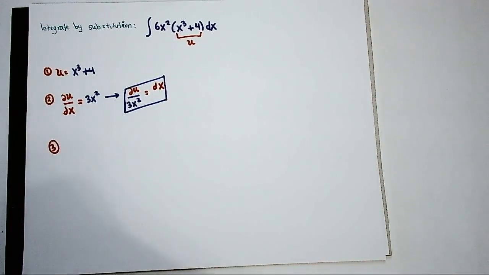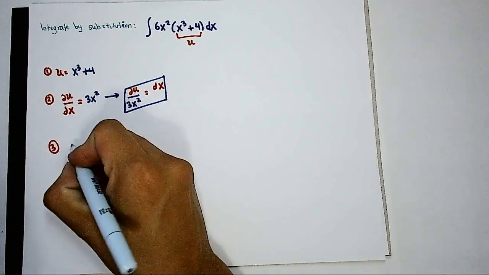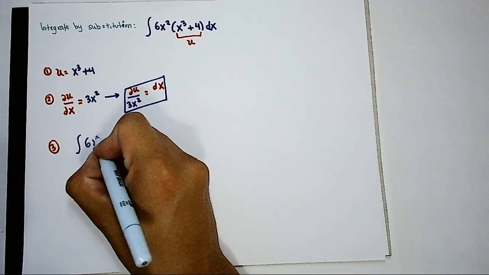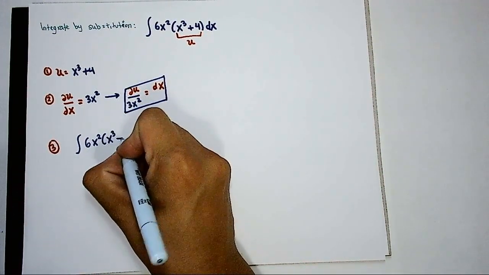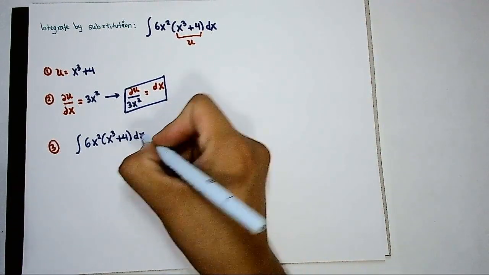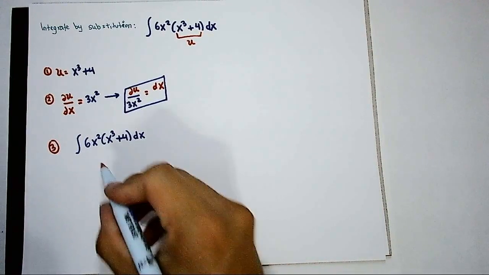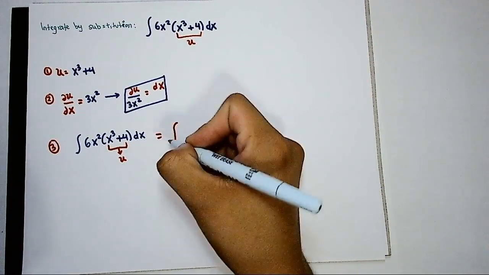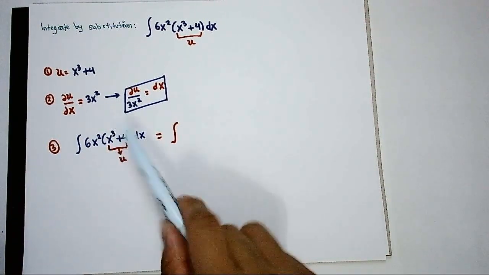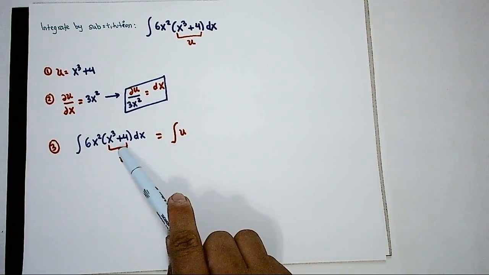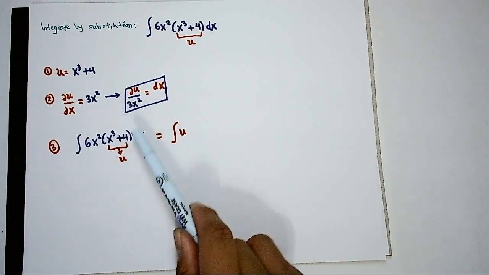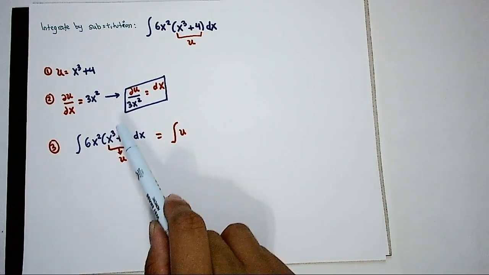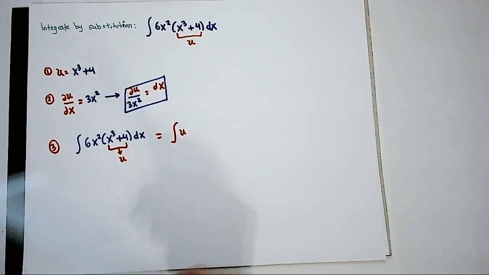Now let's proceed to replace all factors as a function of u and du. Let's copy our original integral first. Notice that this is u. I will put it in the front. In this case, it's u to the first exponent because in this particular case there is no square or to the third, it's just to the 1.